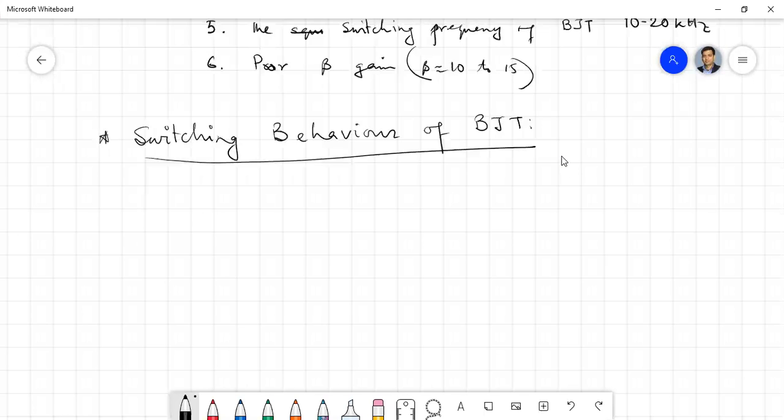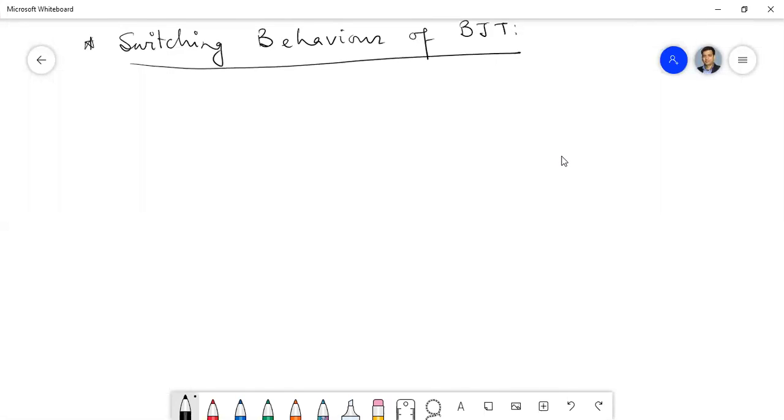For proper switching of any transistor, NPN transistor, we need a circuit. So let me draw the circuit first, then I will discuss this.